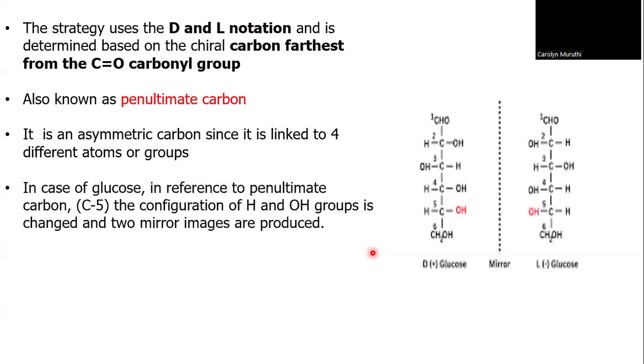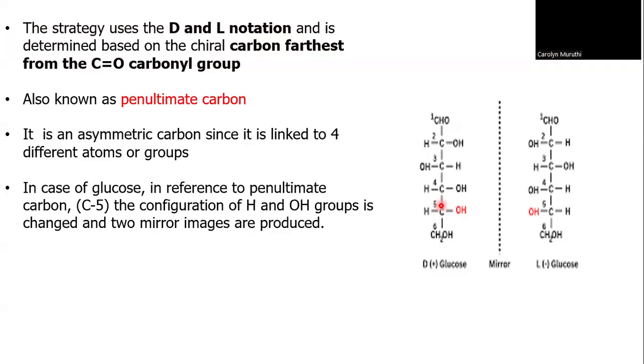So looking at glucose as an example, the penultimate carbon is carbon number 5. First, it is asymmetric, and it's also the farthest from the carbonyl group.